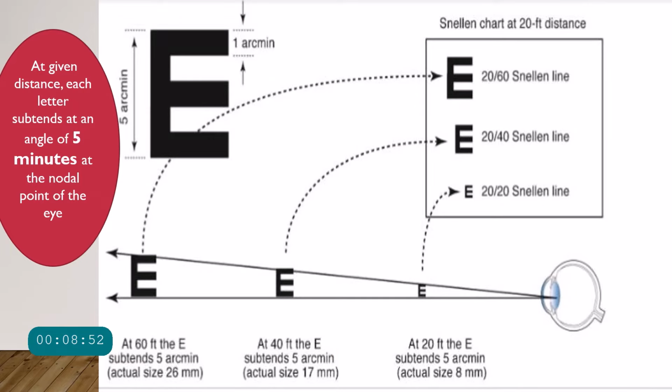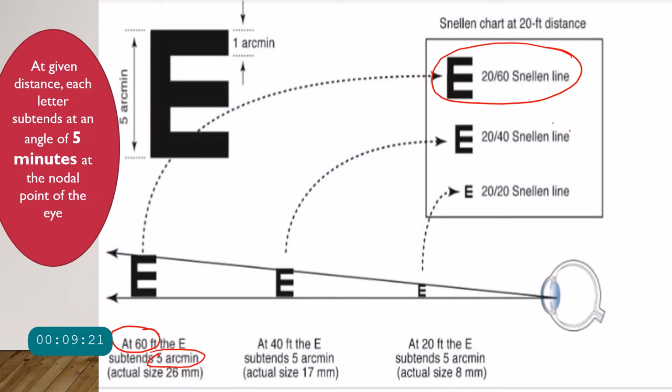Now the question is, at what distance are they subtending that angle of 5 minutes at the nodal point? Each letter, with its height or size, is devised in such a way that, for example, the topmost letter is written as 20 by 60. Okay, 20 by 60 means that the topmost line will subtend an angle of 5 minutes of arc at a distance of 60 feet only.